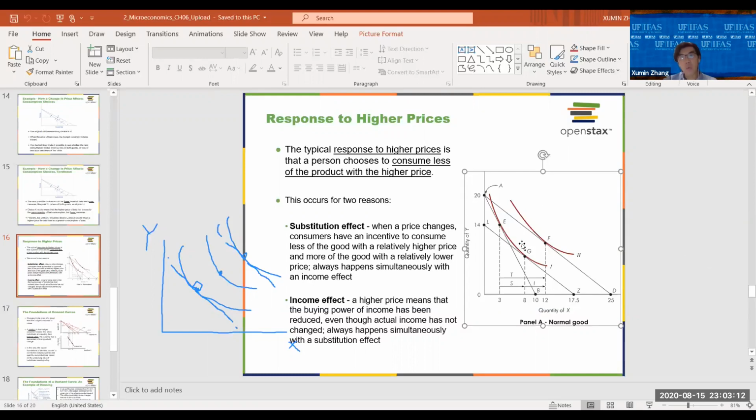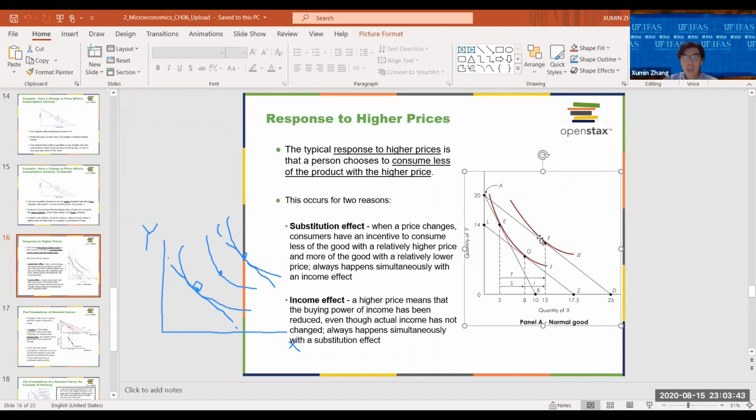We call this the substitution effect, moving from G to E. This won't change our utility, because we are moving along the same indifference curve. And E is the new optimized point. Why? Because this is the new line: the price changed and the budget constraint shifted.